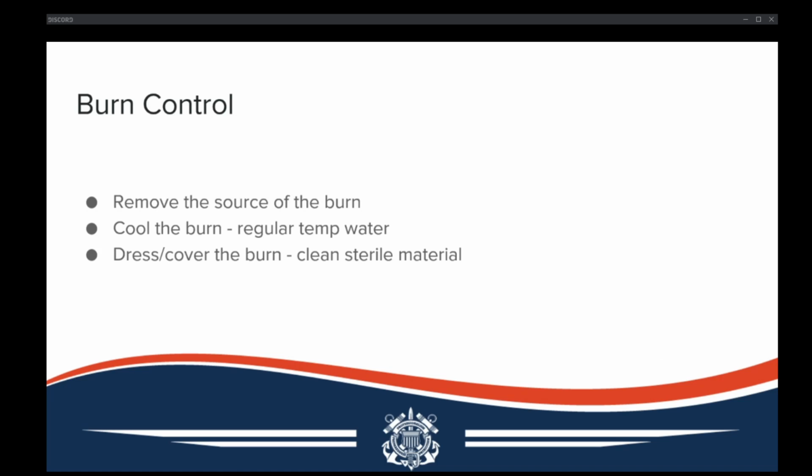So the next one's burns. Pretty obvious first step, remove the source of the burn. Then cool the burn using regular temperature water. Obviously, using ice is not going to help. It'll probably do more harm than good. Just cool, clean water and then cover it with sterile dressing.